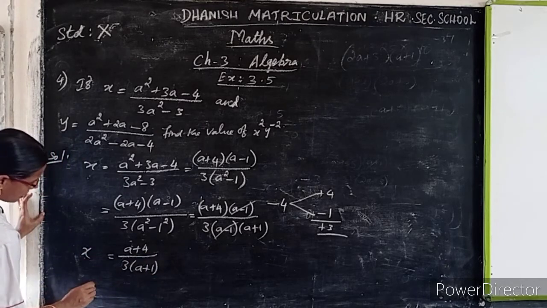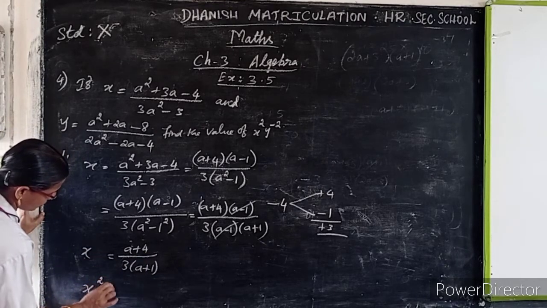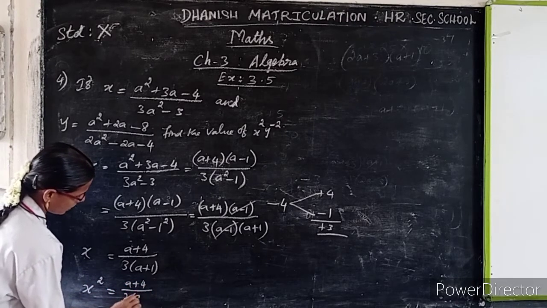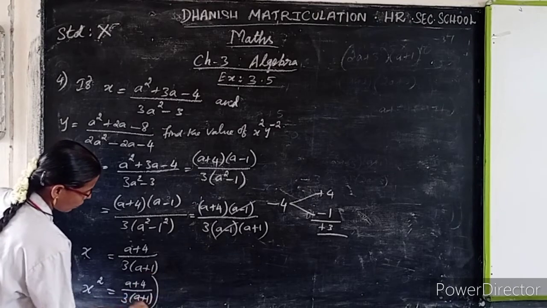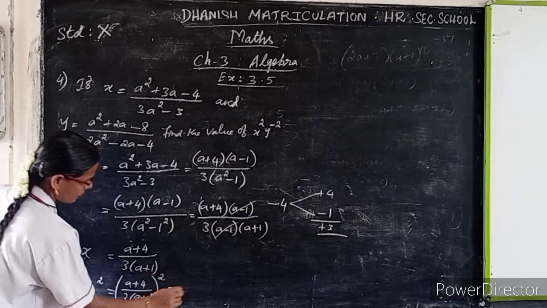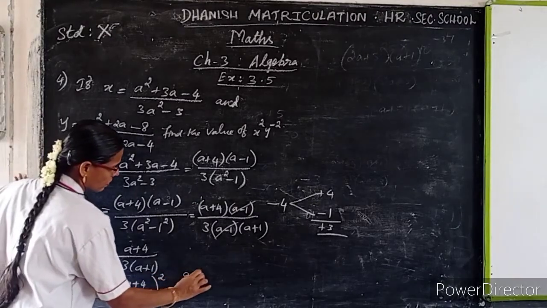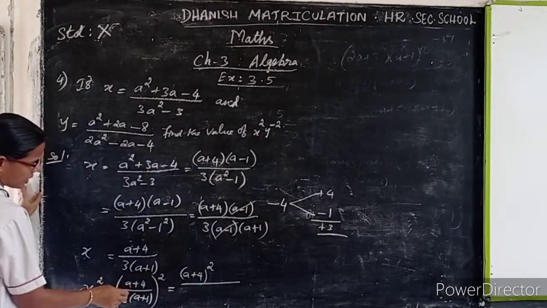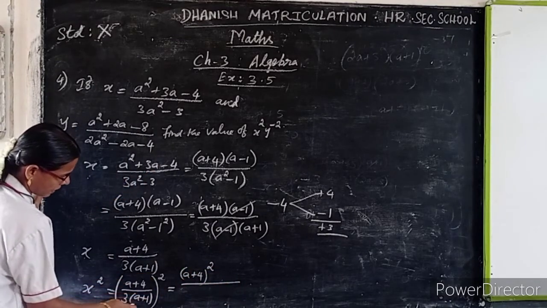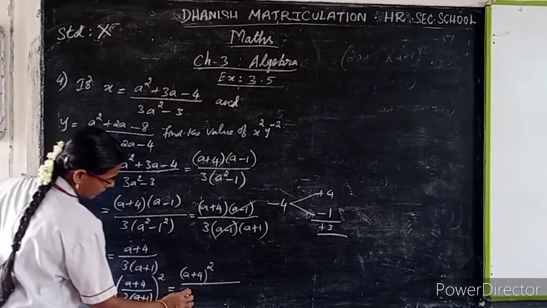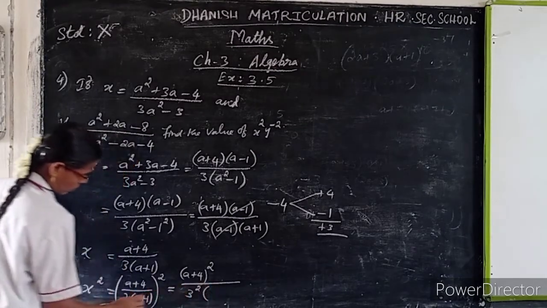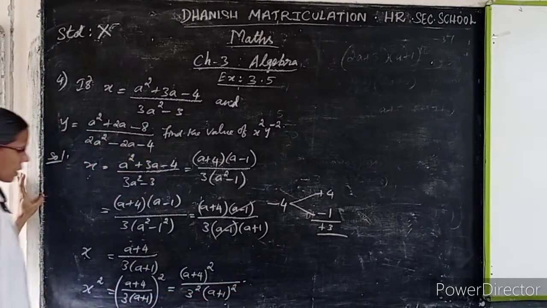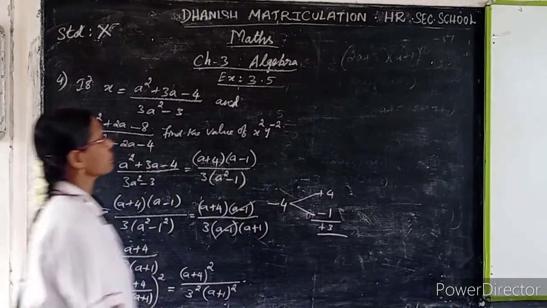But we want x². So ((a + 4)/(3(a + 1)))² means (a + 4)² divided by, the square is common for numerator and denominator, 3²(a + 1)². This is x².